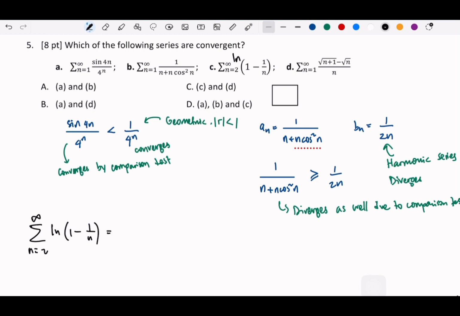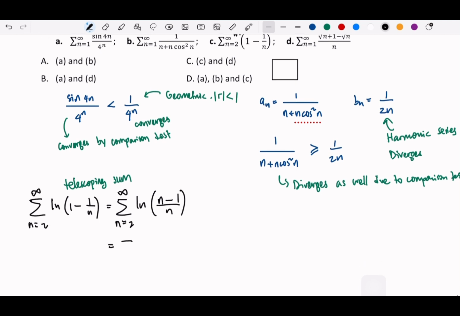And this can be understood by a telescoping sum. So by telescoping, we can rewrite the terms as ln of (n minus 1) over n, and then rewrite with the logarithmic property.